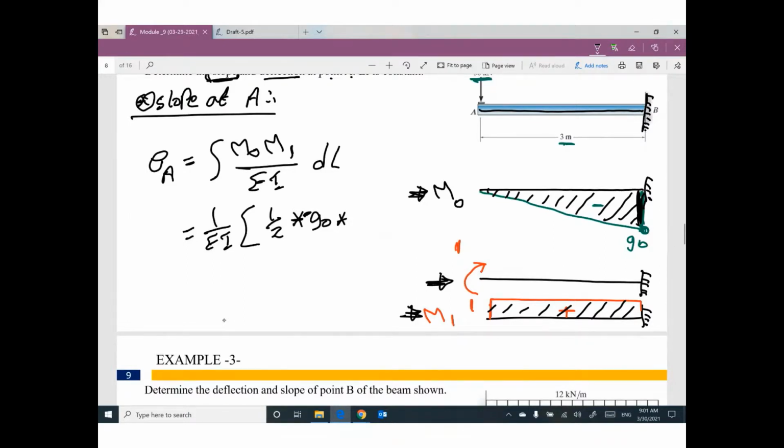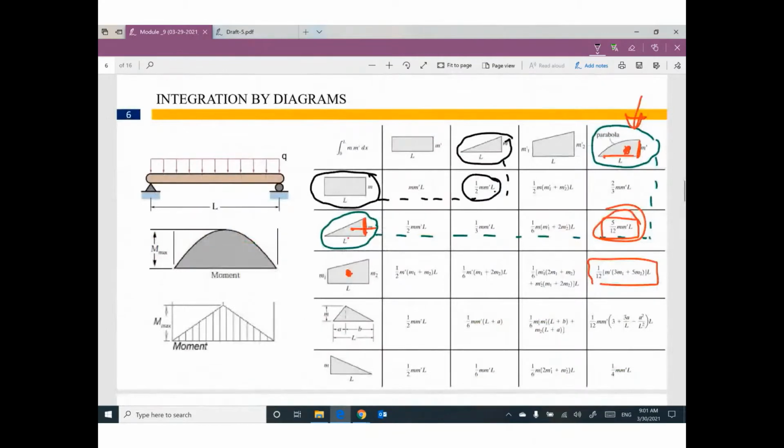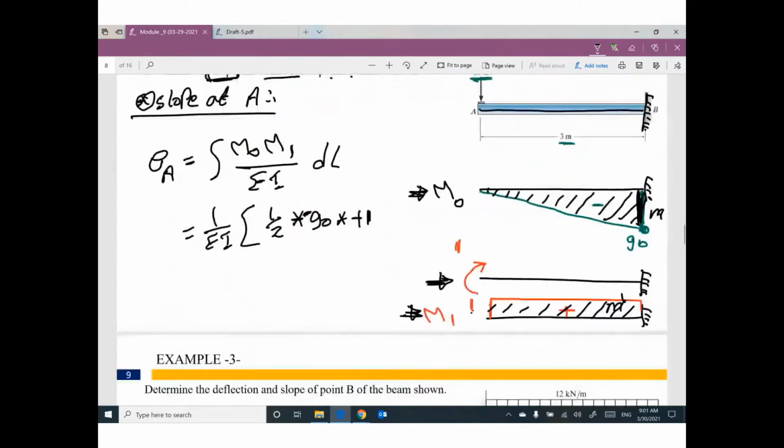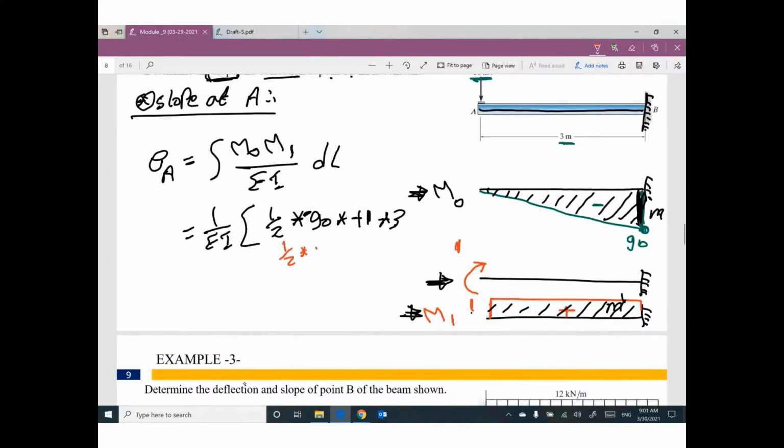The value of moment here is positive 1, because this one is M and this one is M bar, or this one is M bar and this one is M. That's fine. Times what? Times L. Your length here is 3. So it's half times M bar times L. L equals 3, M bar equals positive 1, M equals negative 90, and a half.